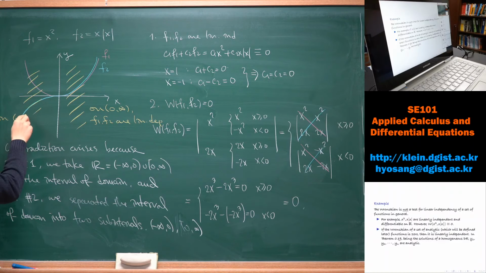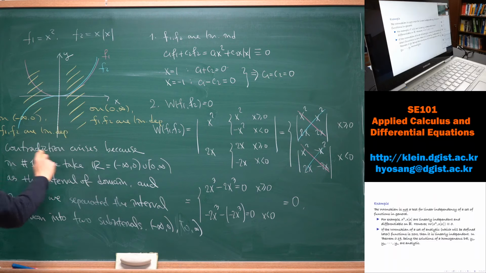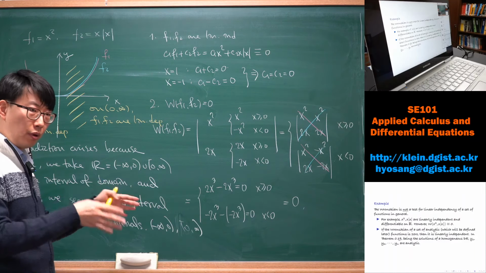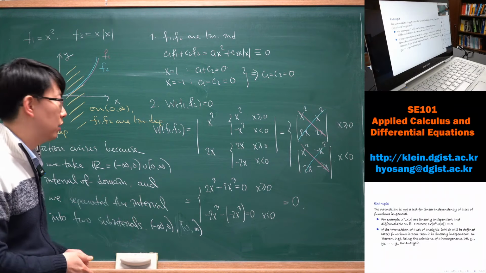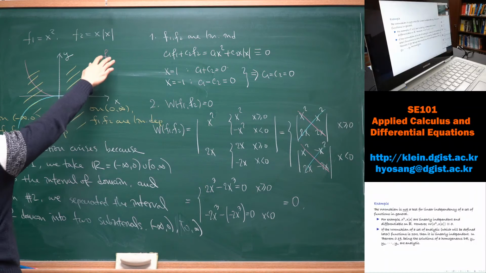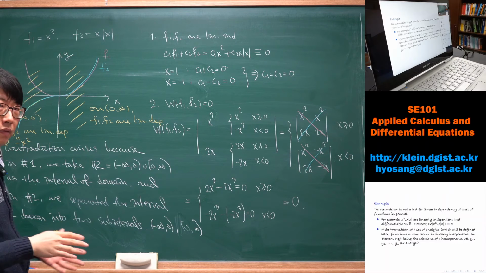On the negative side, one function is x squared and the other is minus x squared, which are also linearly dependent, because they are constant multiples of each other. So basically, when we're talking about f1 and f2, if we split our interval into smaller intervals, we're talking about linearly dependent functions, not independent functions. So the two functions are not fundamentally different.